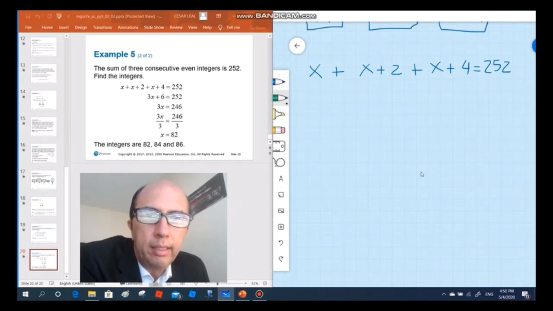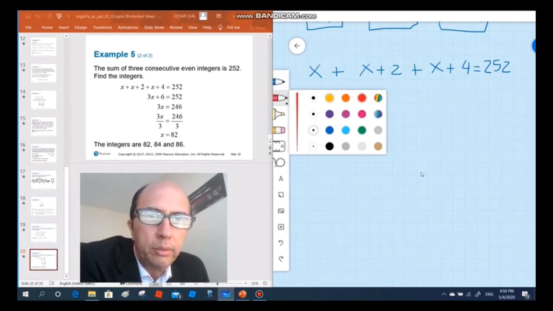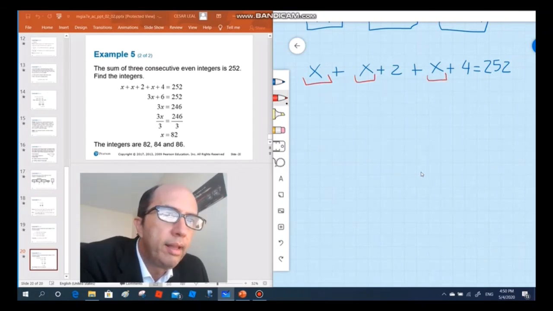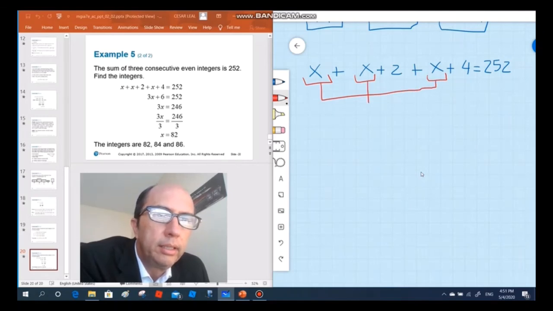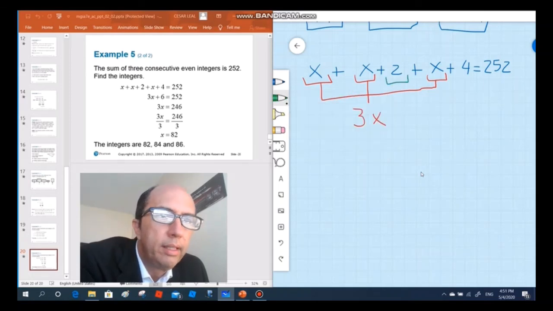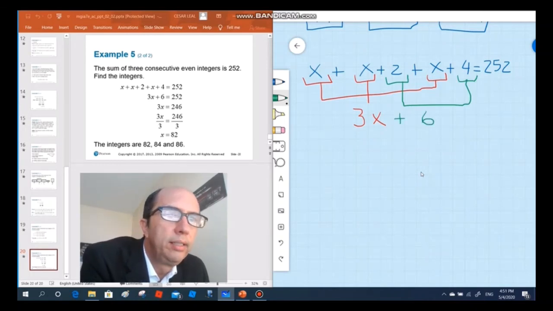Add like terms. We have like terms here, and there, and there. So we have this. It's going to be x plus x plus x, 3x plus, and we have like terms here. This is a like term, this is an unlike term. 2 plus 4, 6, right?